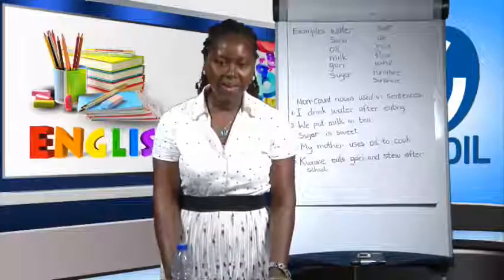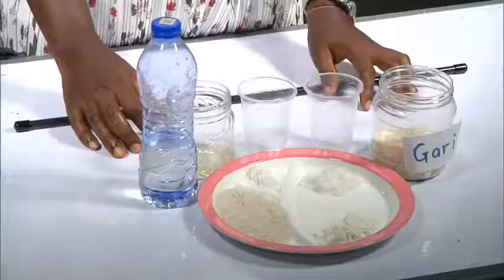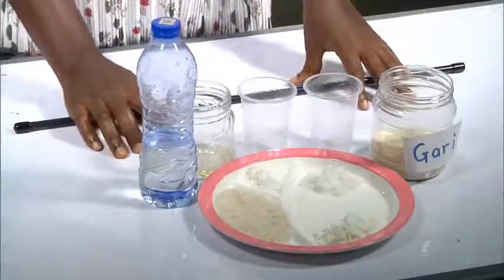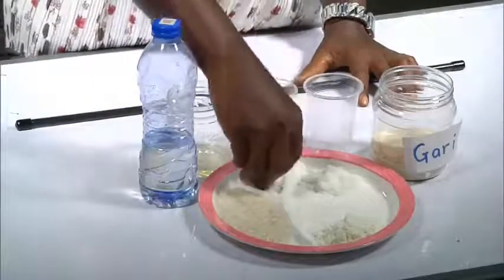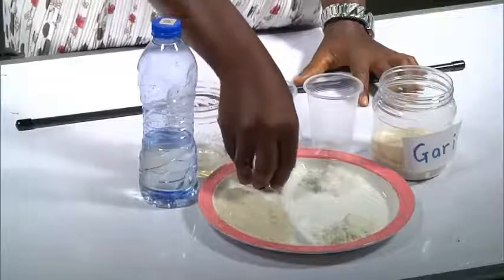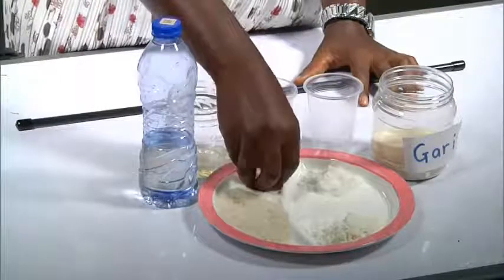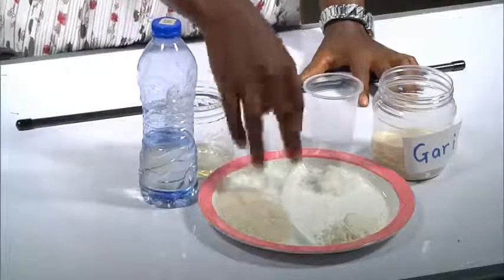Now we have here some items, some examples of uncountable nouns. What do we have here? We have salt. Can you count these salts?